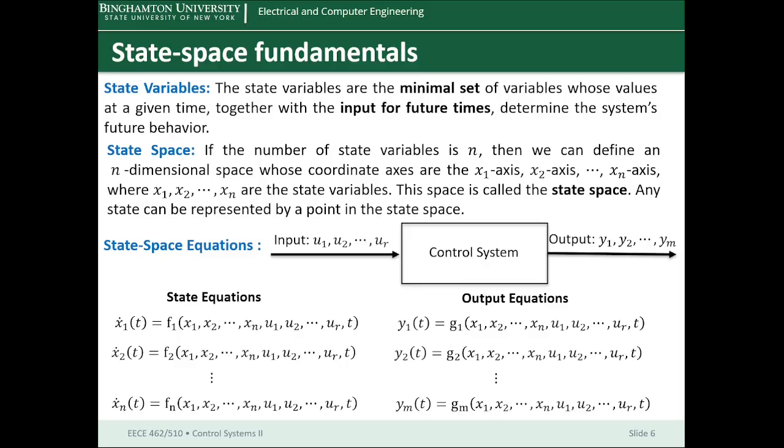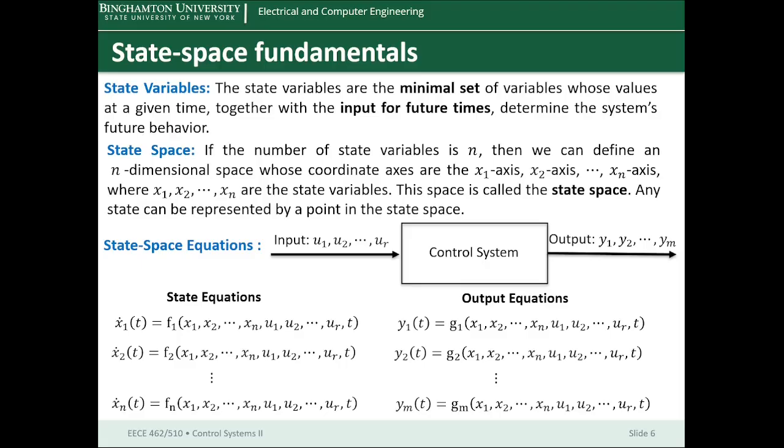However, because we define the states as a minimal set that together with the input determine the future behavior, and because the output is one part of the behavior of our system, the output variables should be a function of the state and inputs.